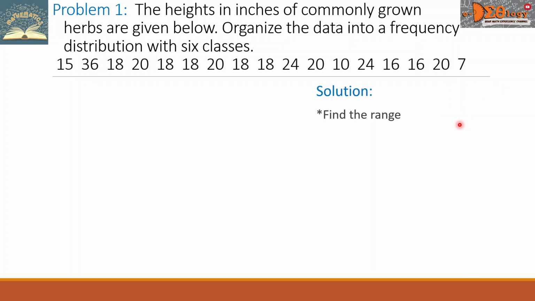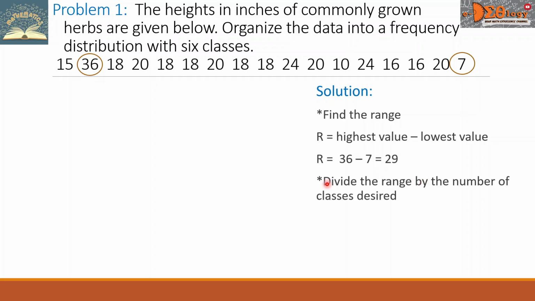The first thing to do is to find the range. The formula is highest value minus lowest value. On the data, we identified the number 36 to be the highest, the number 7 to be the lowest. So the range is 36 minus 7. The answer is 29.